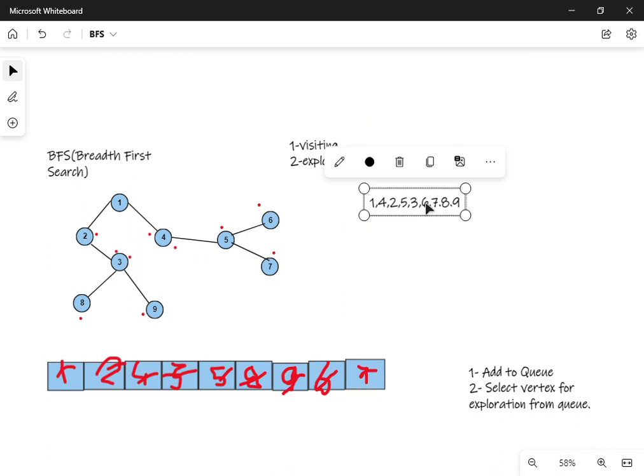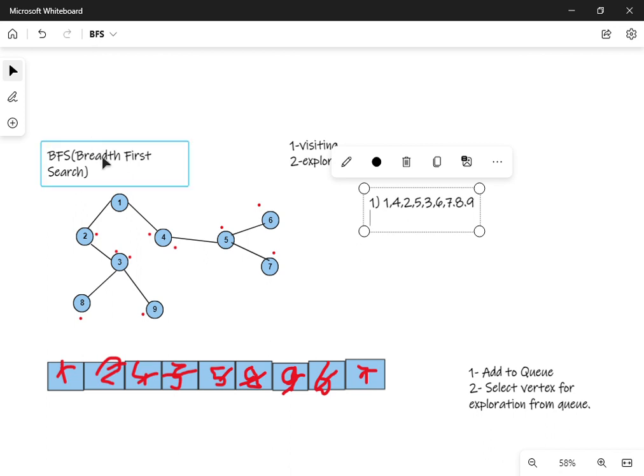Let me give you another example. Here I am starting with 4 as our first vertex.